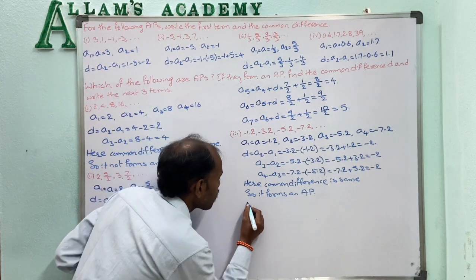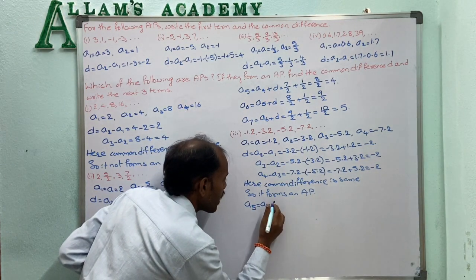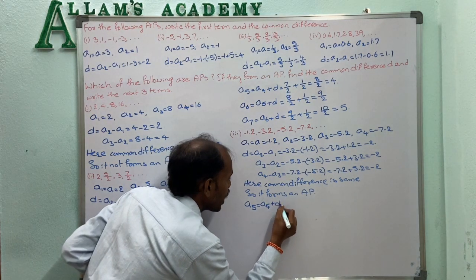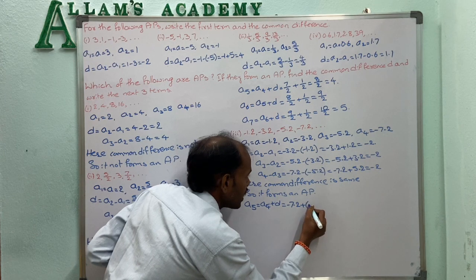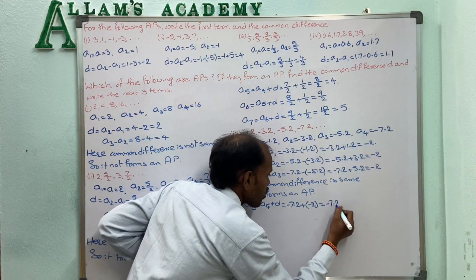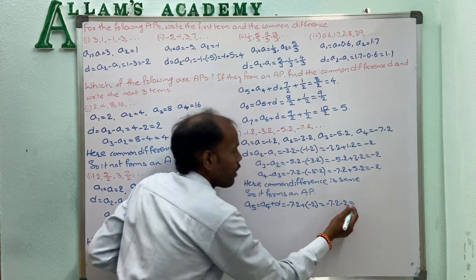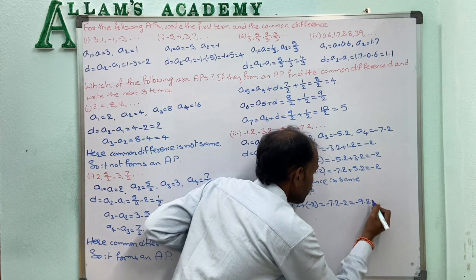Now the 5th term A5 is equal to A4 plus D. The 4th term A4 is minus 7.2 and D is minus 2. So plus into minus is minus. So minus 7.2 minus 2 is minus 9.2.